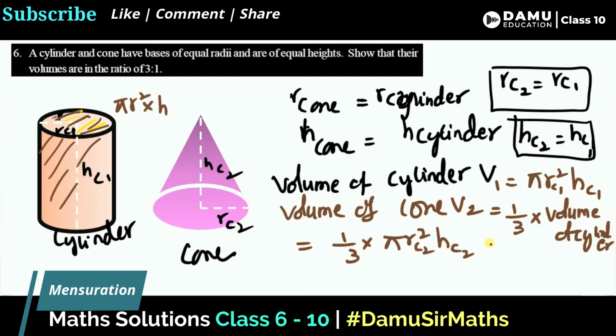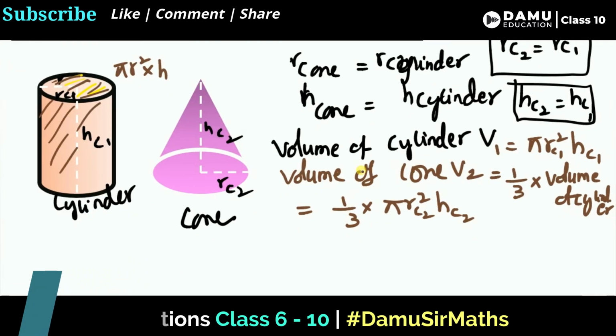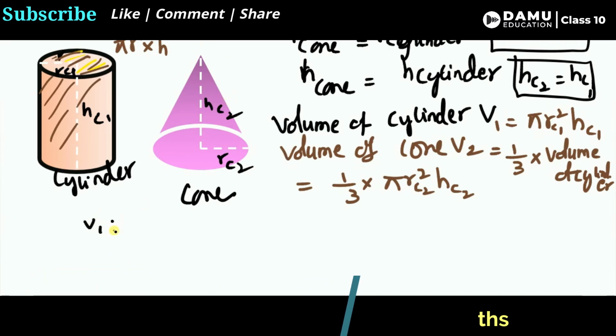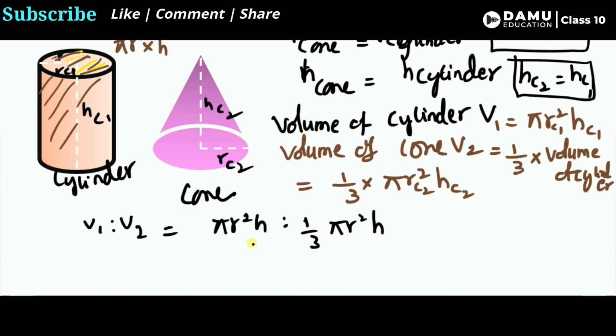Since both are equal, what you can say here is their volumes are in a ratio. The volume of the cylinder is to the volume of the cone, that will be equal to pi r square H is to 1/3 pi r square H. Since both are equal, with C1 and C2, both will cancel.